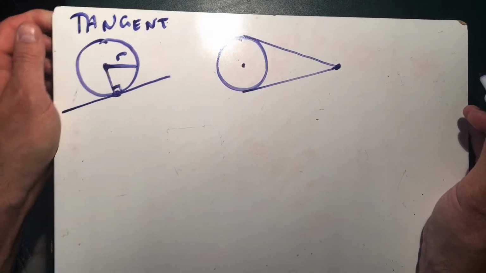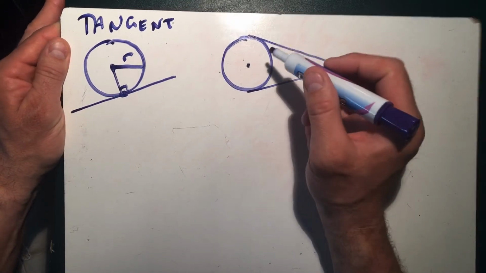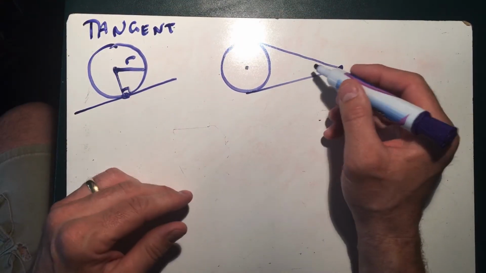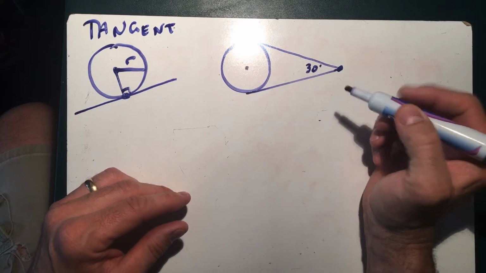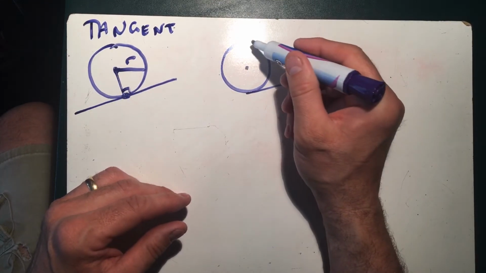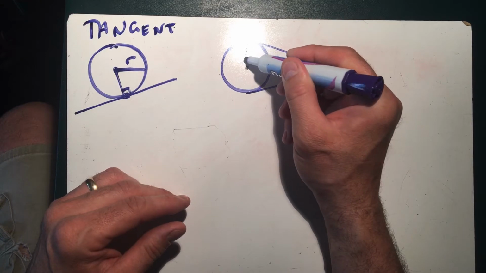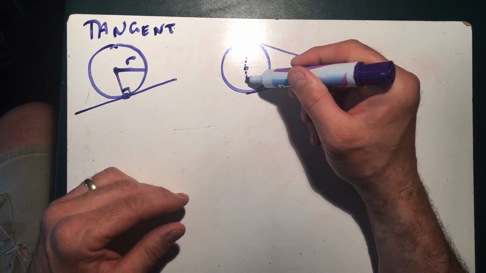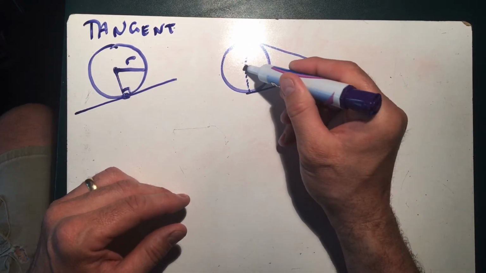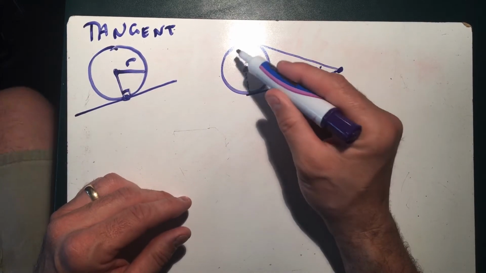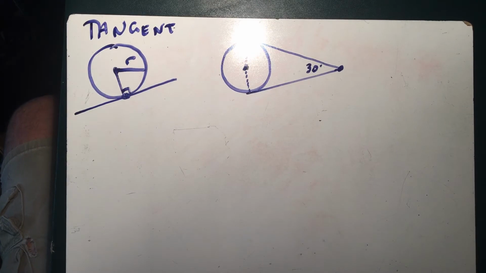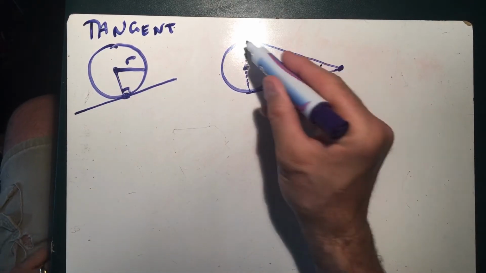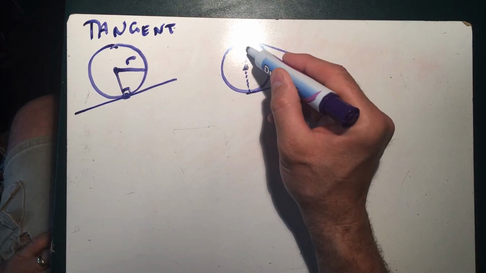But the cool thing is, let's say this angle out here is 30 degrees, and they ask you to find angle X. We know all radii of a circle are congruent, and whenever a tangent touches a circle, it makes a 90.